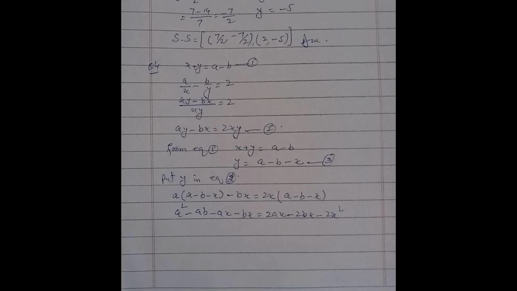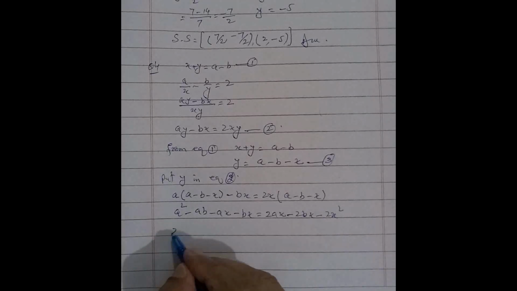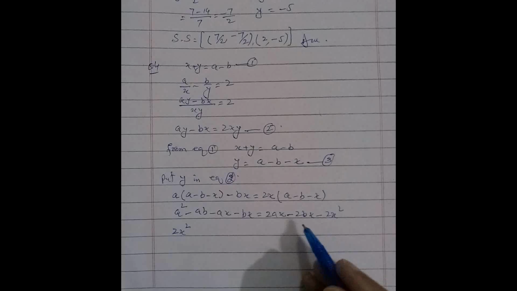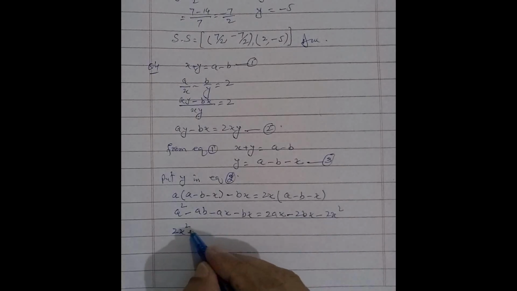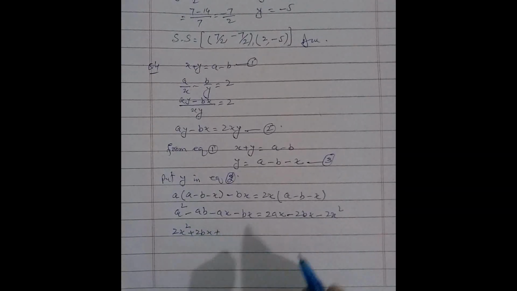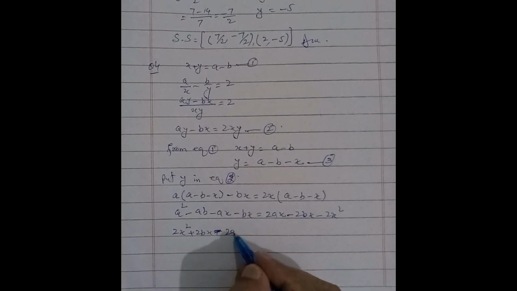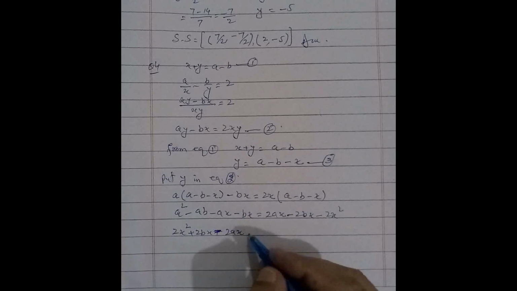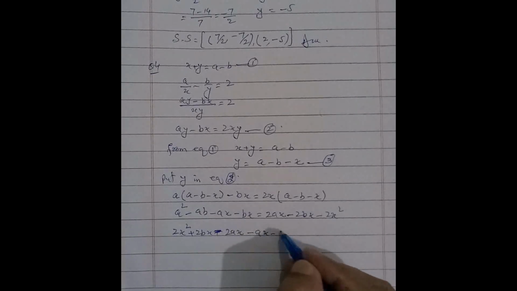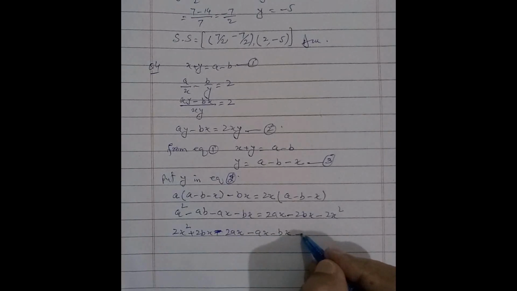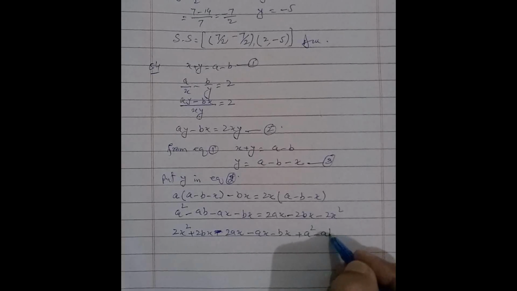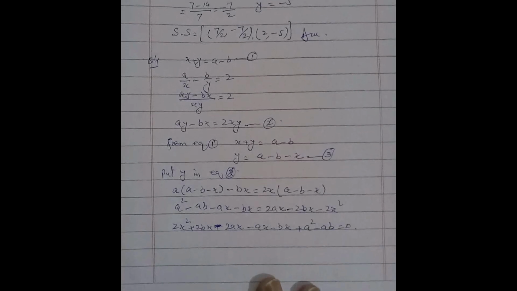Now we simplify these values and shift it to the left side. Minus 2x² we get here plus 2x², minus 2bx we get plus 2bx, and plus 2ax we get minus 2ax, and the remaining values are minus ax minus bx plus a² minus ab is equal to 0.